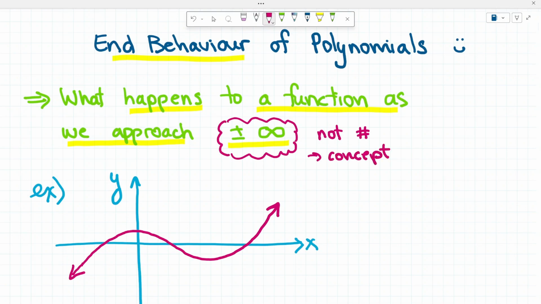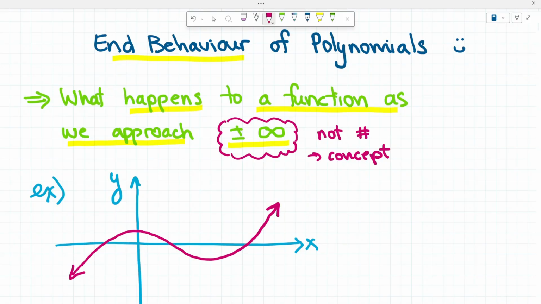In mathematics, especially when you get higher up in calculus, we often talk about this concept of infinity. Infinity is an infinitely large number, a number bigger than any other number. So you can never actually get there.